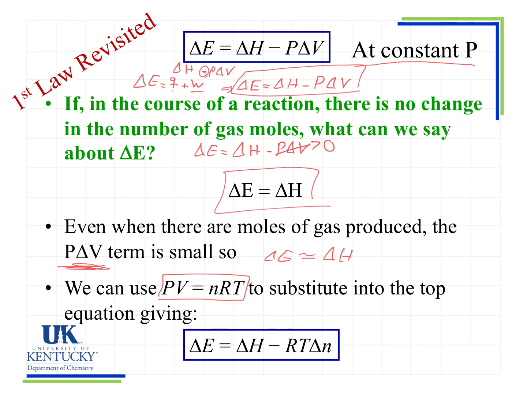If the temperature is constant and pressure is constant, only the change in the number of moles of gas makes the change in volume, right? So if I substitute P delta V with this expression, I would have RT delta n, where n is the number of gas moles. So I would get delta E equals delta H minus RT delta n.